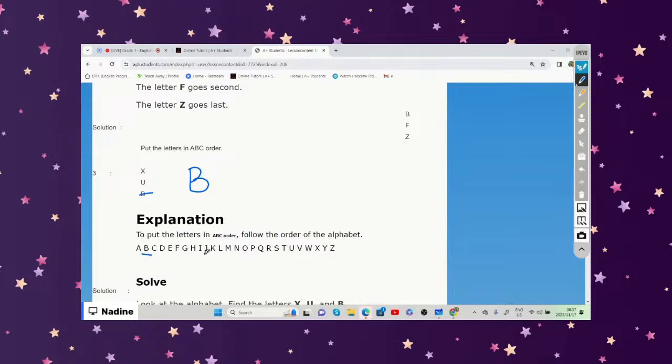Then we go further down. Then we have U, and then we have X, right? So that is the order of the alphabet, and we call that the order of the A, B, C.